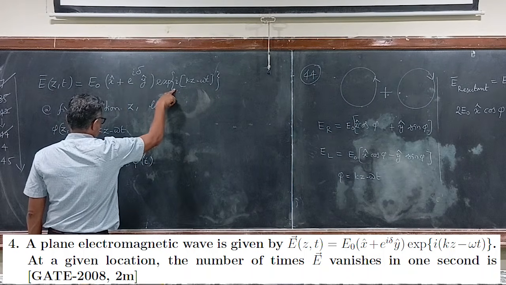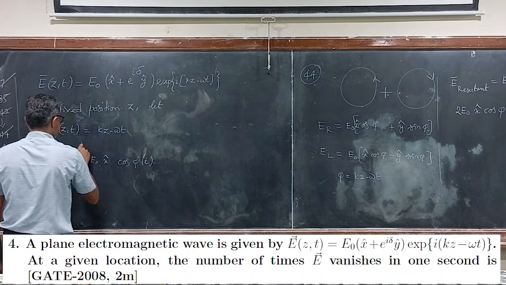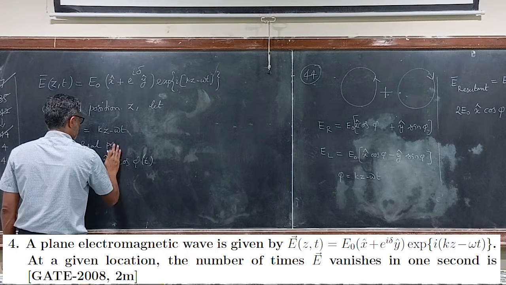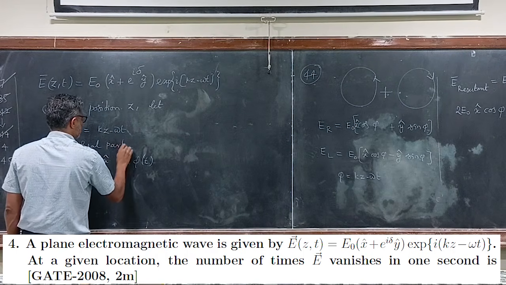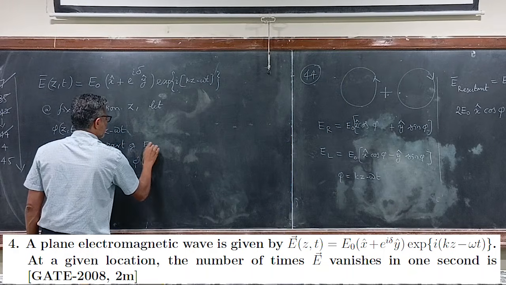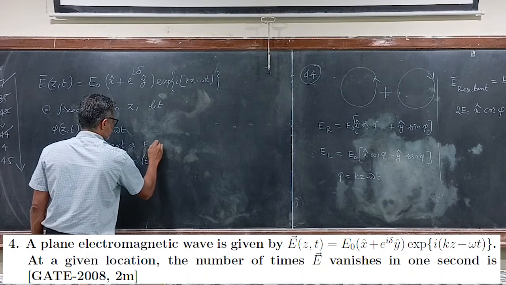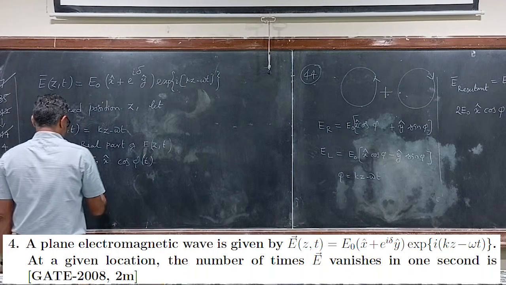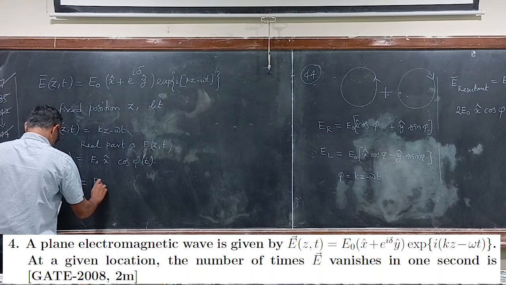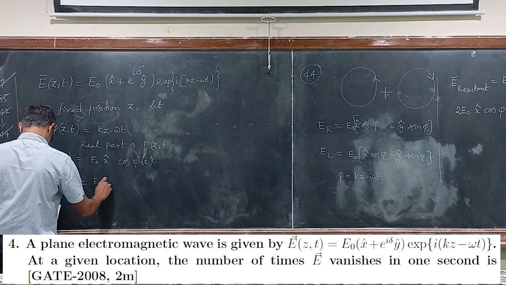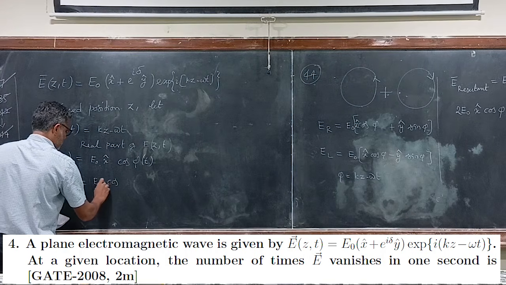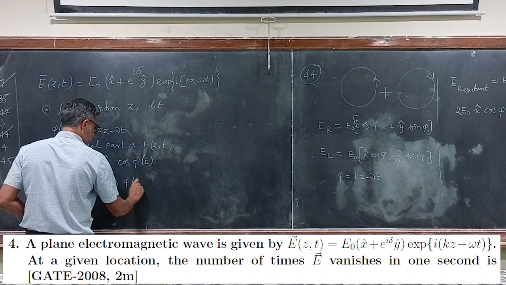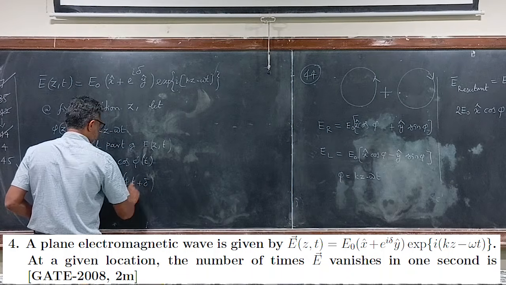So the x component is only the cos, the real part of E of z comma t. So then you have E0 cos along y cap. It's cos of phi of t plus delta.